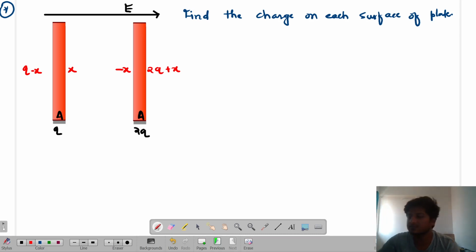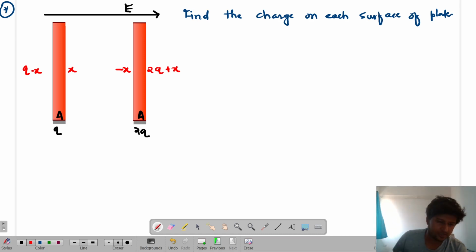No, no. So the net charges on each surface are not going to be the same, isn't it?